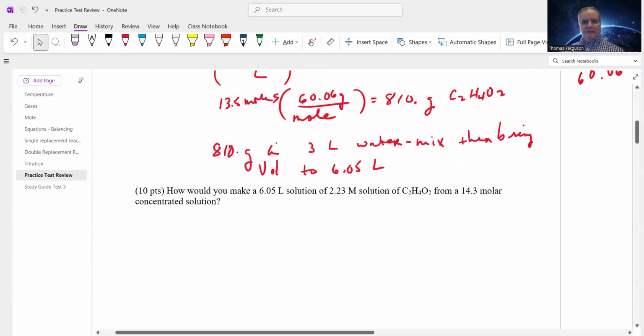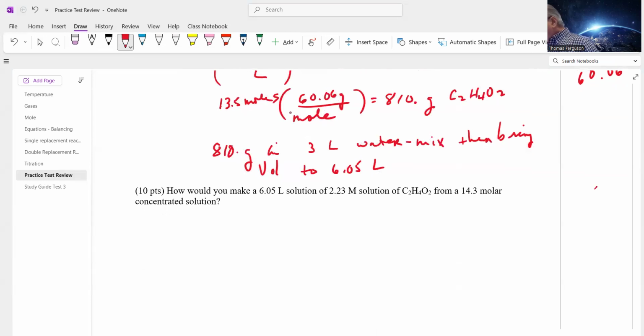All right. Now the next one we're going to take and dilute a concentrated solution. Okay, we're going to make the same thing. I'm going to use 14.3 molar concentrated solution.